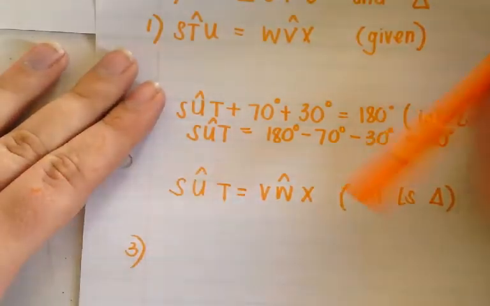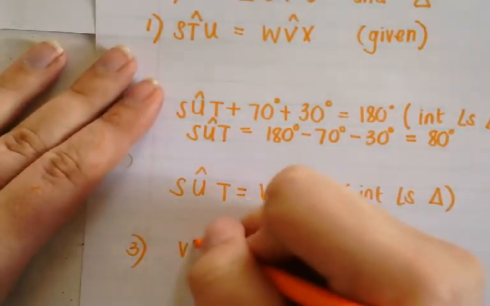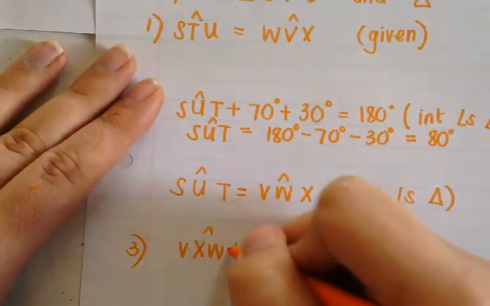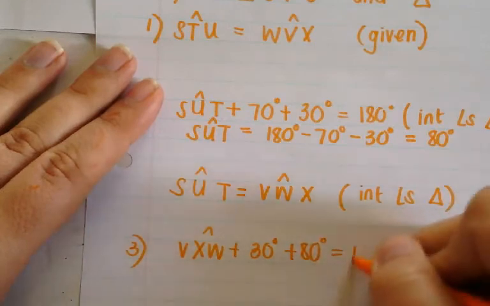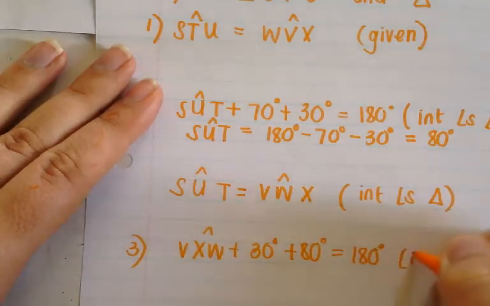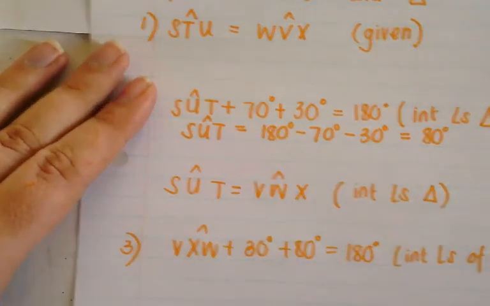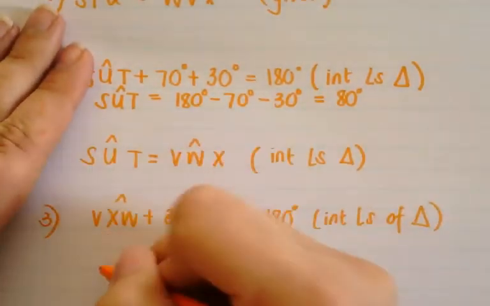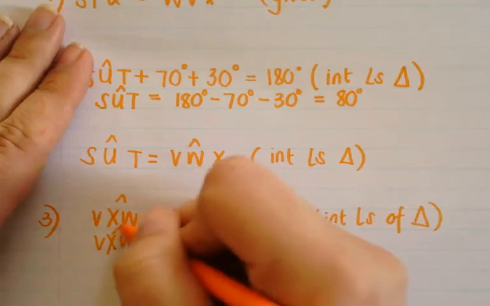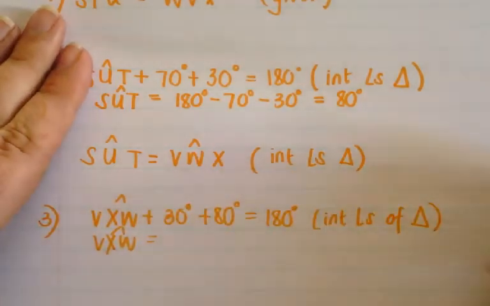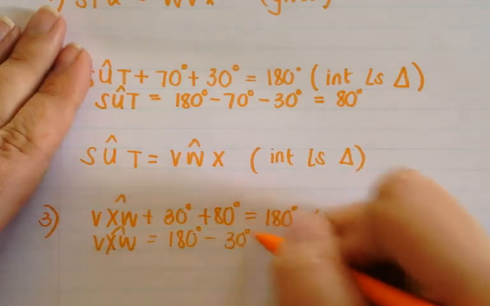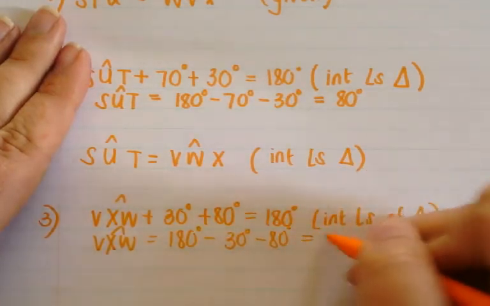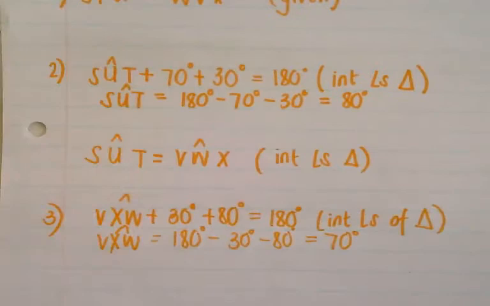So angle VXW plus 30 degrees plus 80 degrees equals 180 degrees, interior angles of triangle. That means VXW is 180 minus all of those things, which would be 70 degrees.